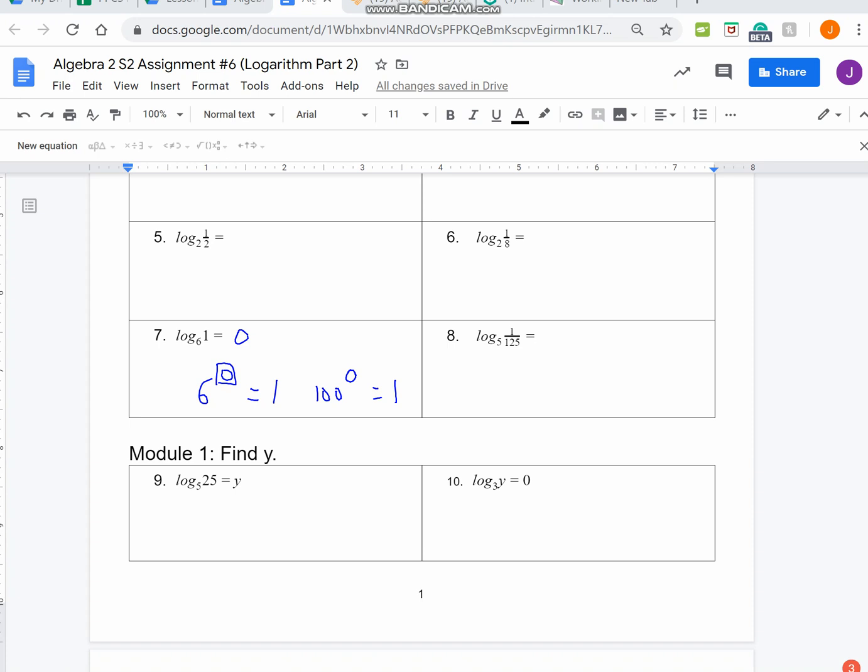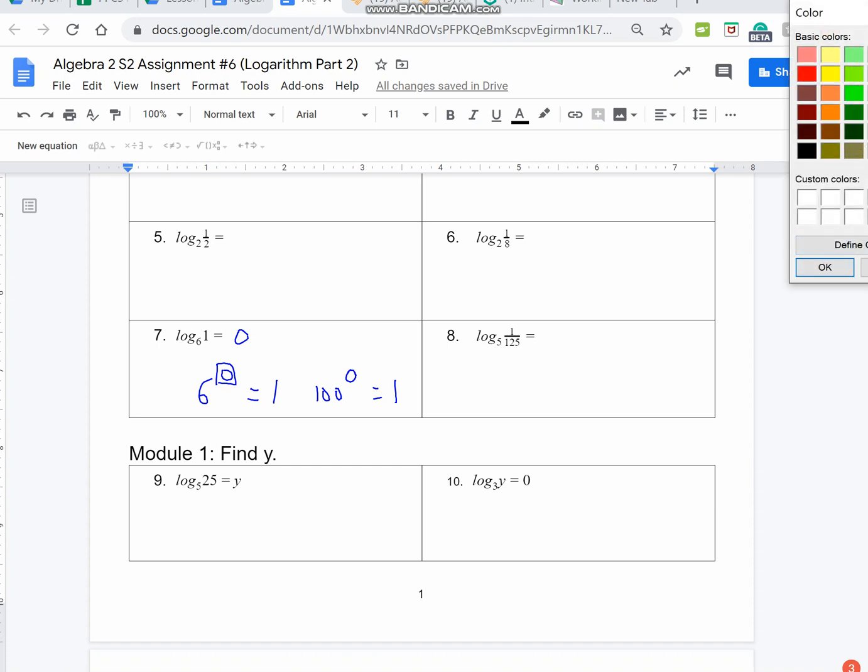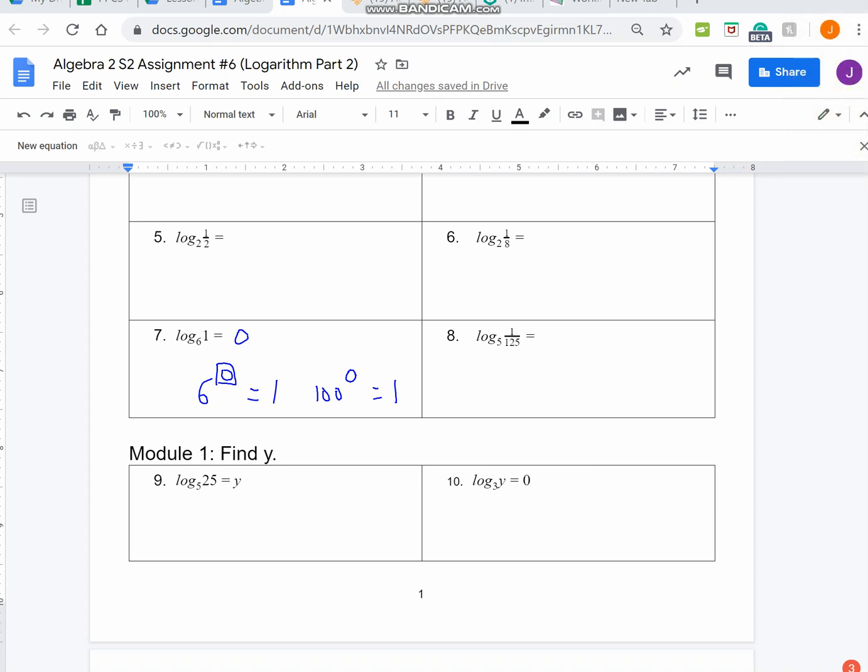So now module 1 is not that very different from this review. What I need you to think of is first, how can I rewrite this in exponential form? So what should be the base of the exponent? Yeah, that's going to be the base of the log, which is right here, 5.